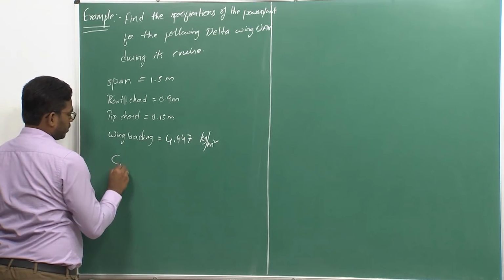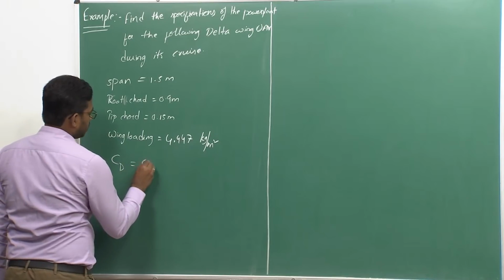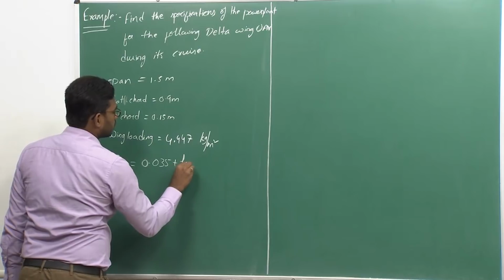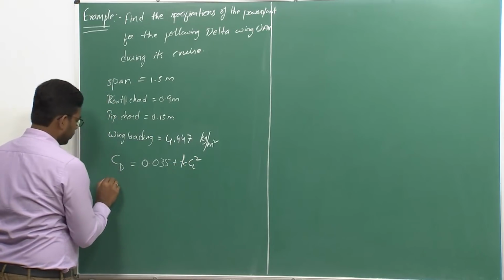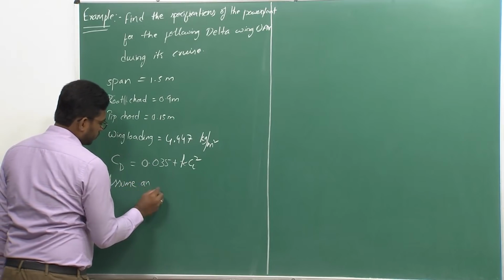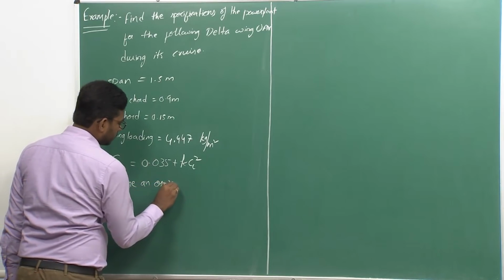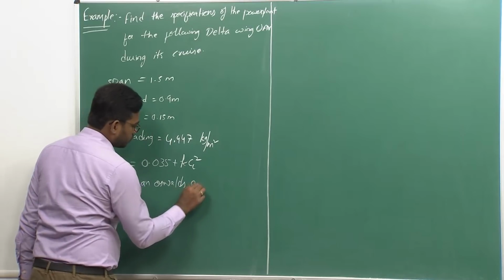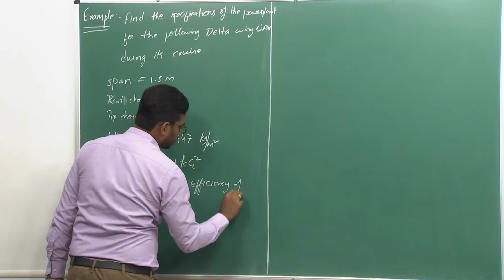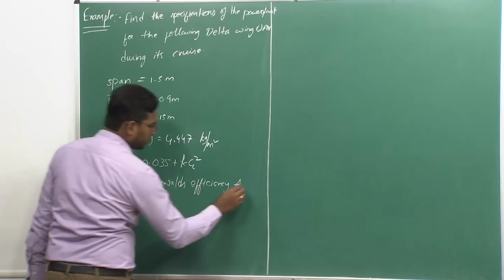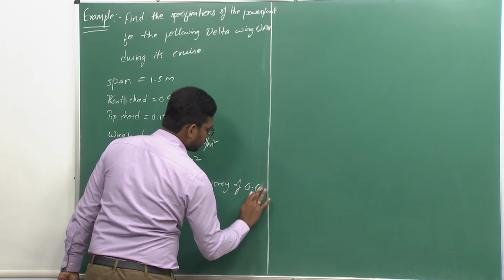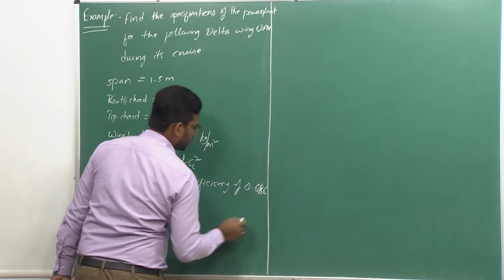And the drag polar of this UAV is 0.035 plus K CL square. Assume Oswald's efficiency of 0.686.